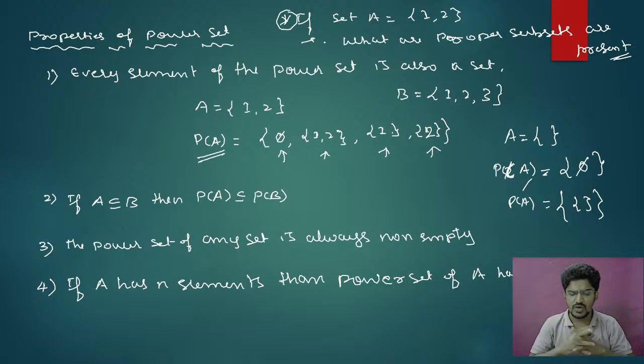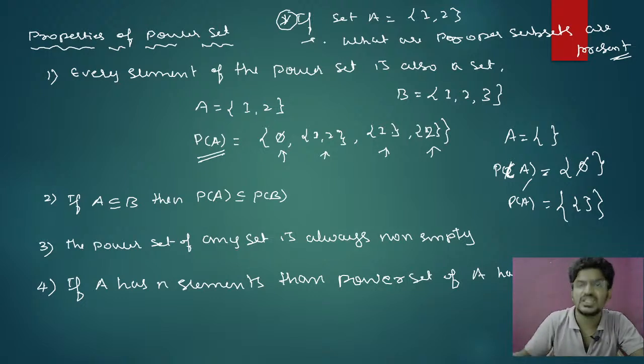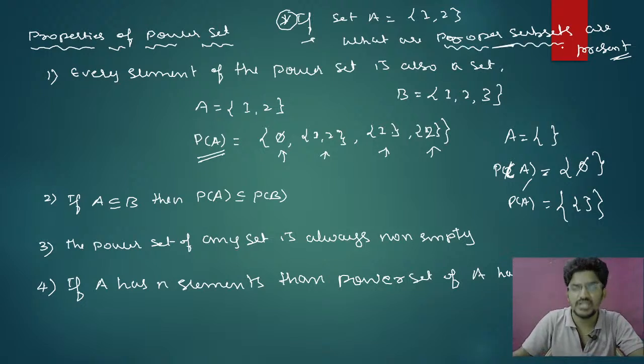See, most of you are giving it as 4. But 4 is not the correct answer. That's why I said they will make you get confused. What they are asking? They are asking proper subsets.